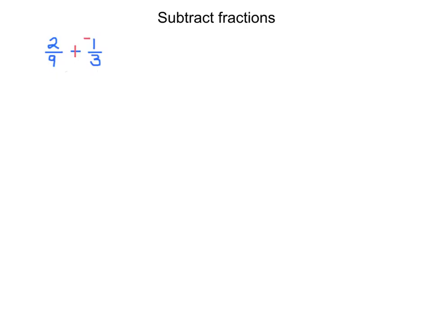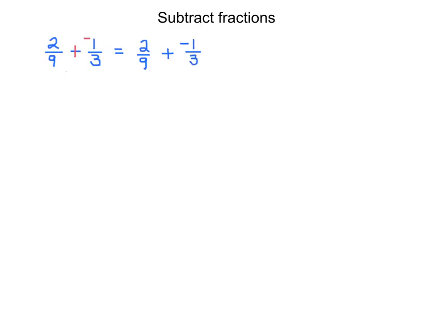So let's move forward with this, and what we need again is a common denominator. So we have 2/9, and to 2/9 we're going to add a -1/3, and we need to evaluate the denominators to determine what the common denominator would be.